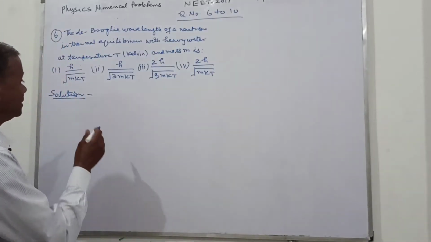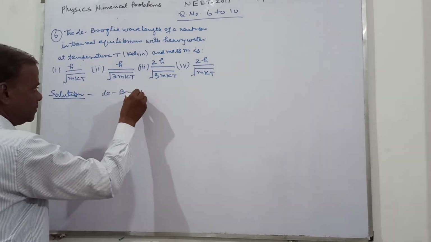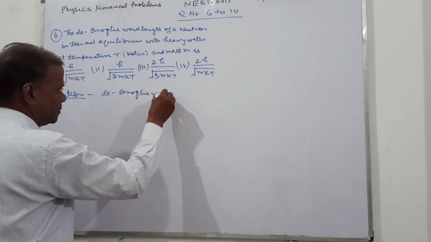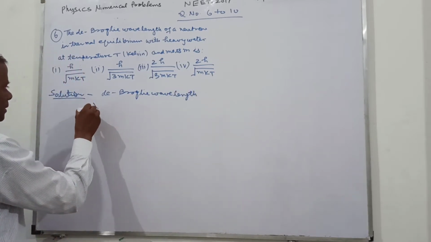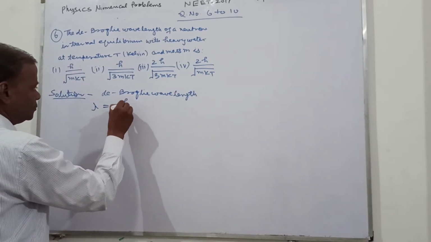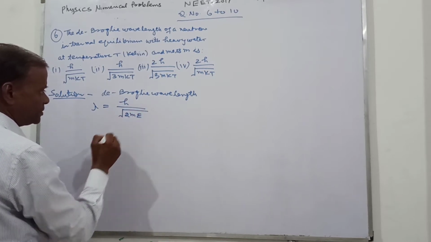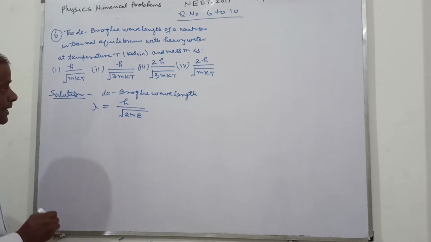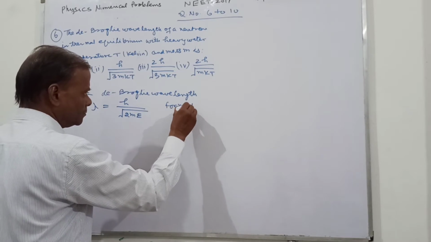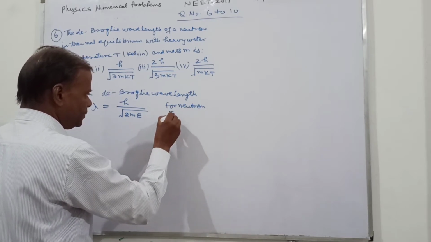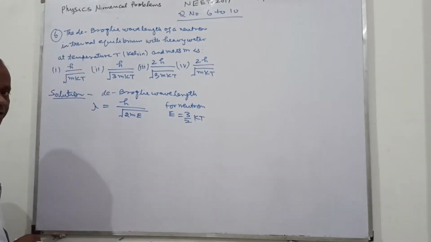So de Broglie wavelength lambda equals h upon square root of 2mE. This is the formula. And for a neutron, E equals 3 by 2 kT. k is the Boltzmann constant.